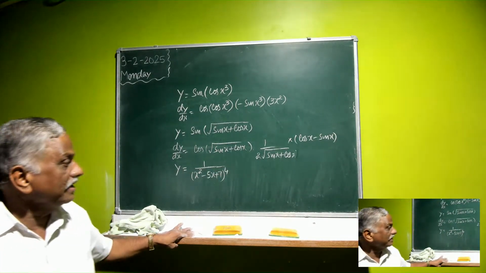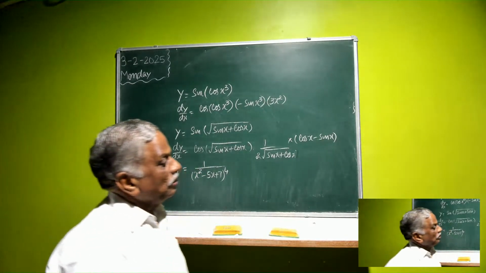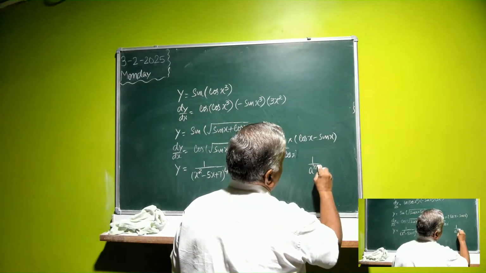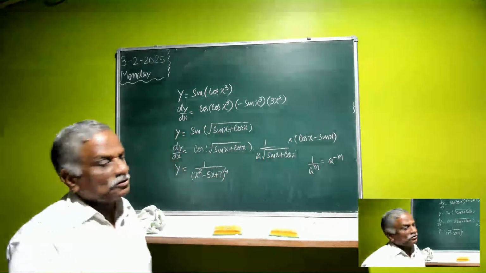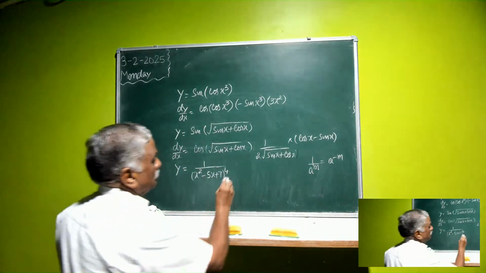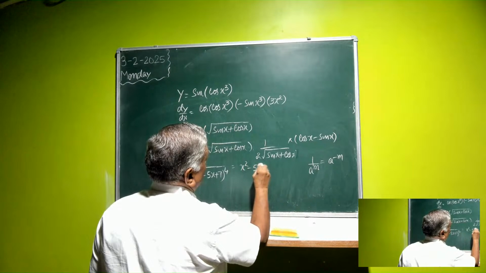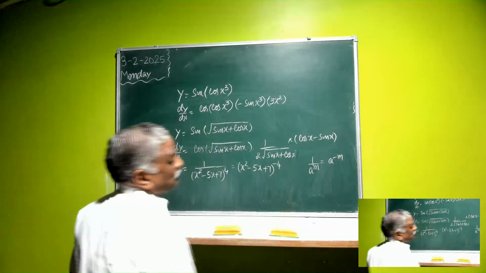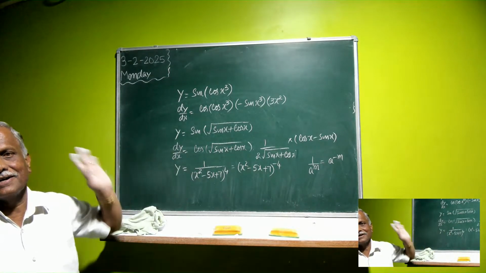It is not necessary because numerator is not a function. So you have to recall this. 1 over e to the power of m can be written as e to the power of minus m. So bring this to numerator. So write this as x square minus 5x plus 7 to the power of minus 4. Because numerator is just a constant.